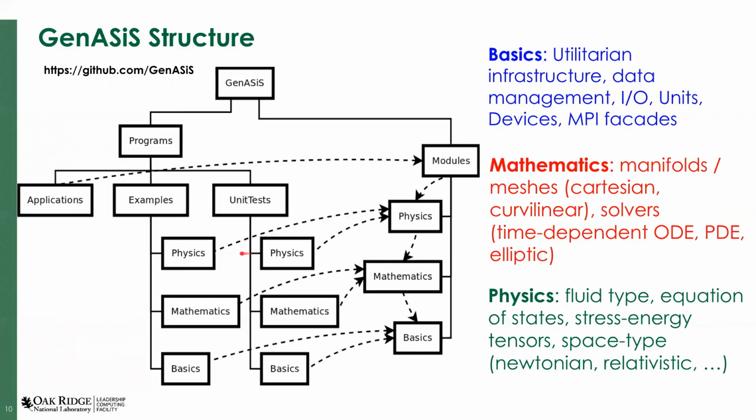So for example, the example in physics here utilizes all the modules in physics, and the example in basics, which we will touch on later, only utilizes classes in basics. Similarly with unit tests, where basics, mathematics, and physics correspondingly test the modules. Application is where we then write our full application for a simulation that utilizes all of the modules that we have.